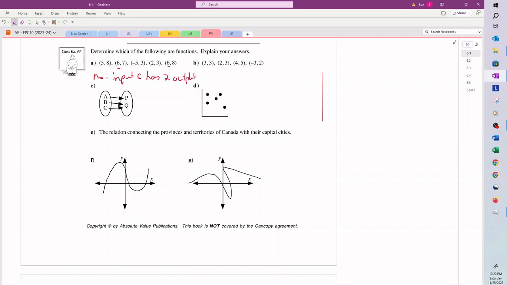Okay, if I look at this one, yes, this is a function. Each input has one output. C, this is a function, yes. Each input has one output.